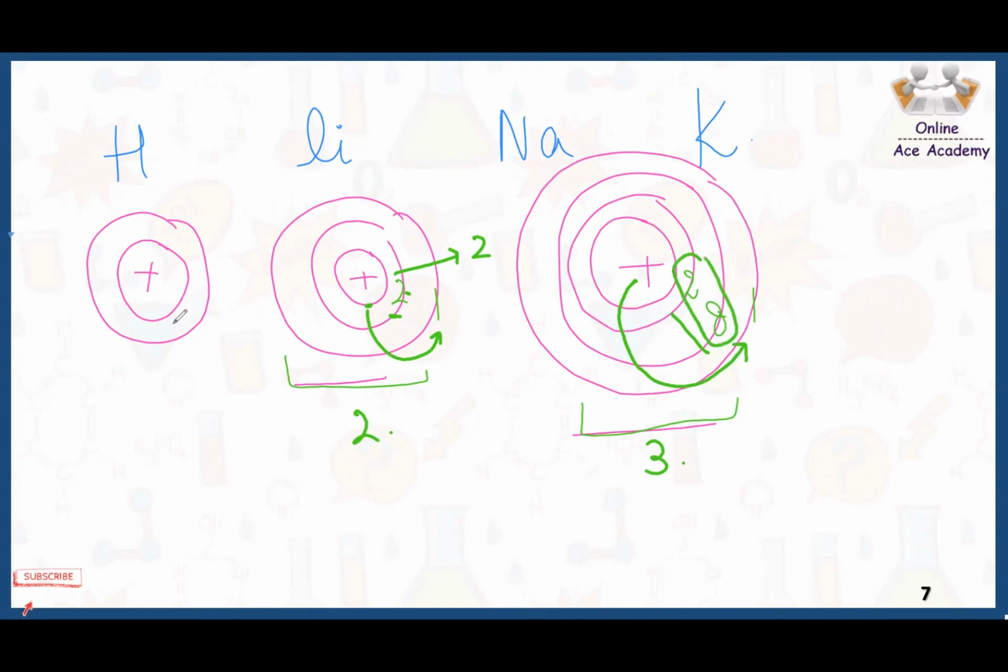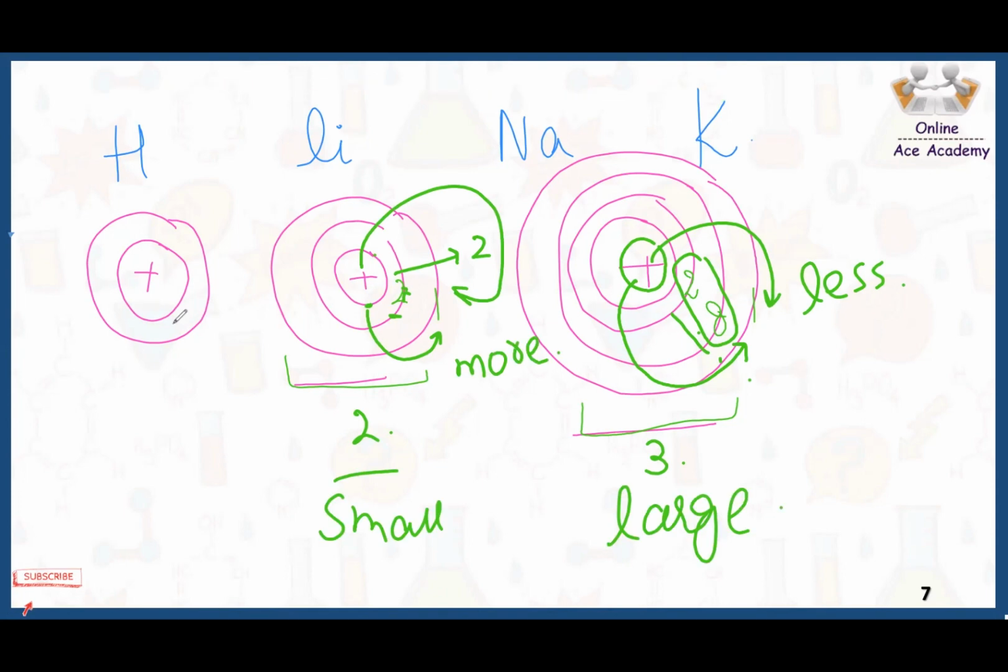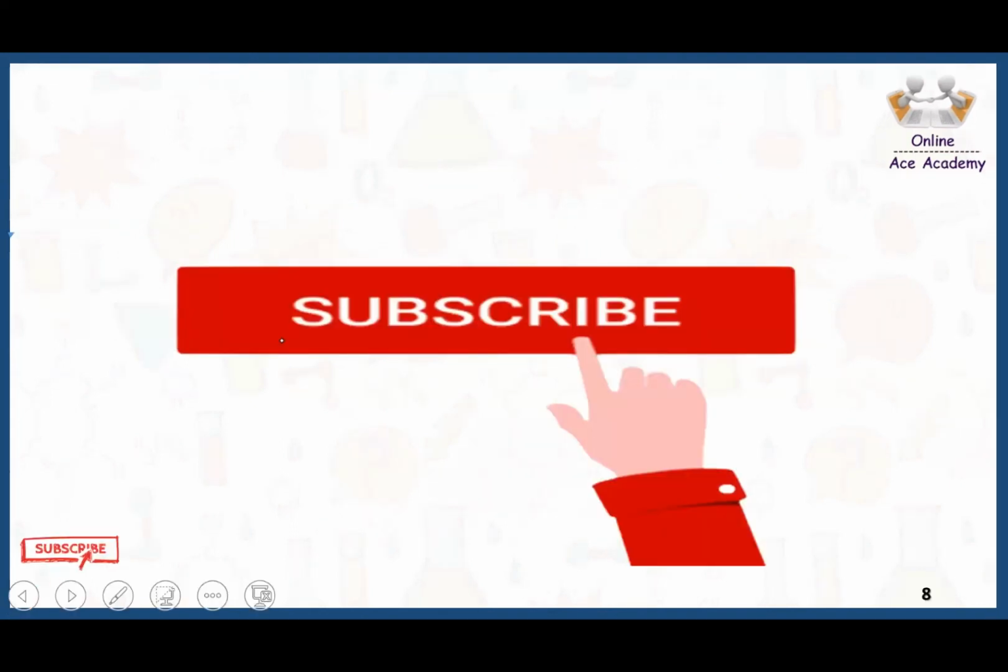So here we have less shielding effect and here we have more shielding effect. Due to this shielding effect, the attraction of the nucleus towards the outer electrons becomes very low, and due to less shielding effect here, the attraction of the nucleus towards the outermost electron becomes more. So that is why as we move top to bottom in the periodic table, the size of the atom increases gradually. So yes, this is all about our today's lesson.